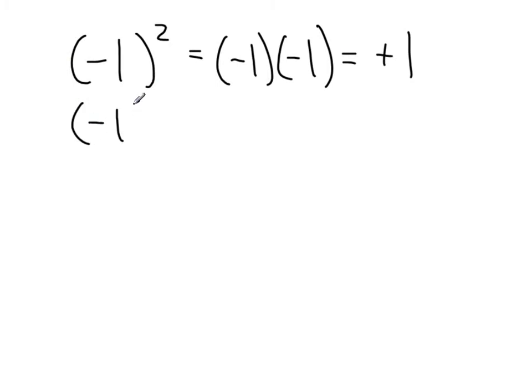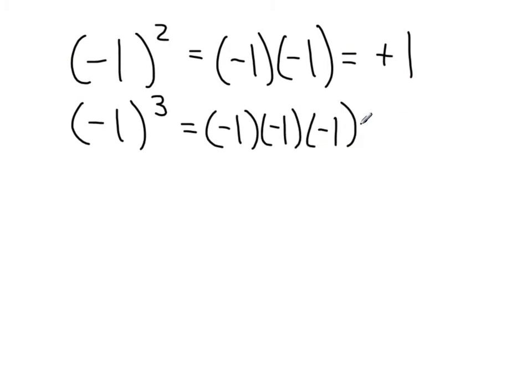I'll go to the next exponent, negative 1 cubed, which means we have negative 1 times negative 1 times negative 1, and you can always skip forward if you're tired of hearing me yap. And we have negative times a negative times a negative gets us a negative. Negative times a negative is a positive. Positive times the negative gets us a negative. Not too bad.